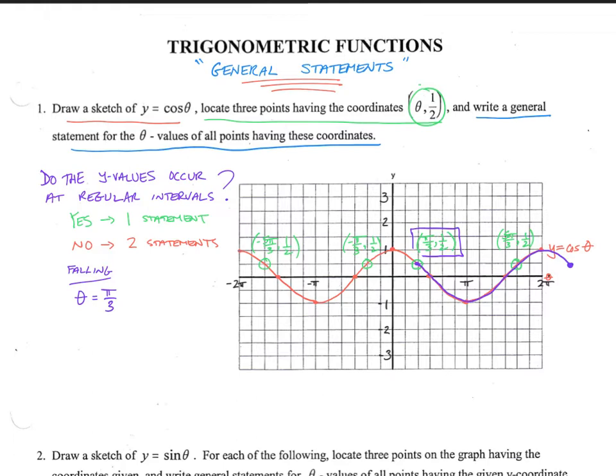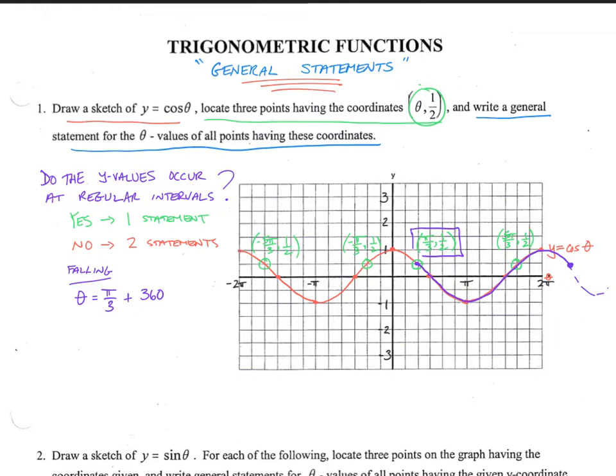Now, maybe we can visualize that you would also get to another point, another full rotation after that, and then another full rotation after that. So how far apart are all of our points? In this case, what is a full rotation on my cosine curve? It's 360 degrees. So if I went 360 degrees forward, I would then hit another value.